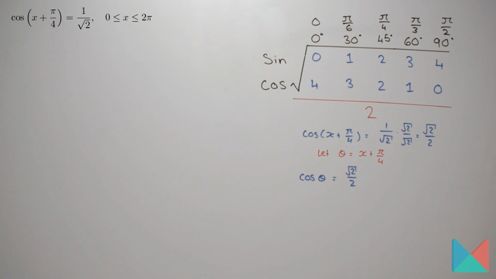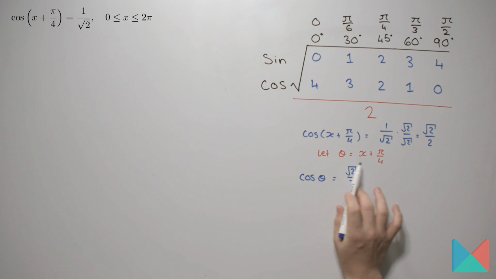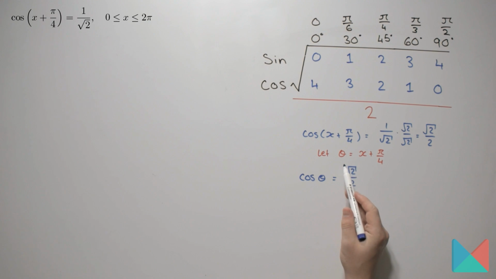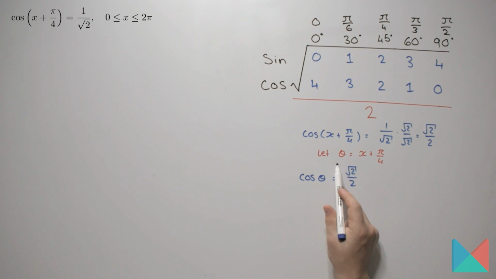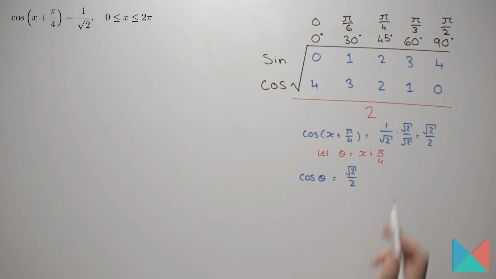And now realize that our variable is in terms of theta now. And so we're going to change our domain in terms of theta. And we can do this by considering our dummy variable expression. We have theta is equal to x plus pi on 4. And this means that the domain of theta must equal the domain of x plus pi on 4.